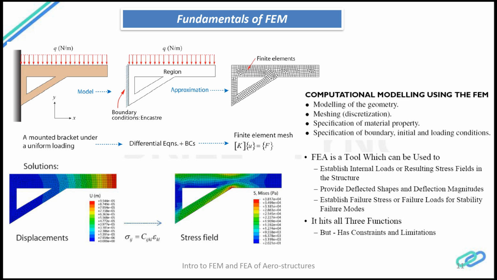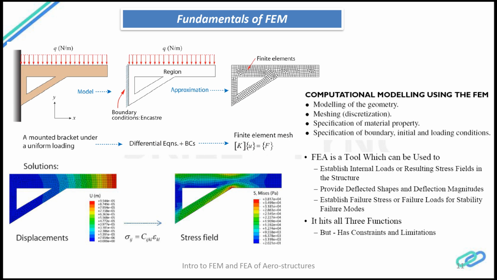What I'm doing is idealizing the structure as a region, which is a domain, a defined region, and then I'm selecting the element type, and also the order of the elements, which is the lower order or the higher order elements. Based on the type I select, I'm meshing the domain. I'm breaking the domain into small piecewise subdomains.